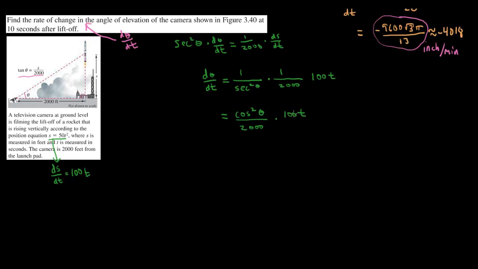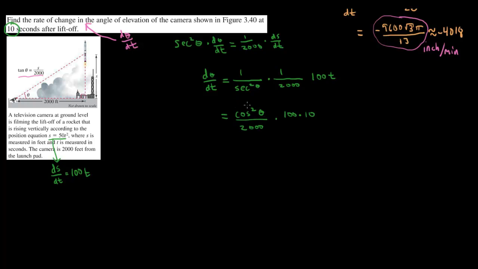Now we're told this is all happening at t equals 10, so 10 goes right there, times 10. But what about this cosine theta?